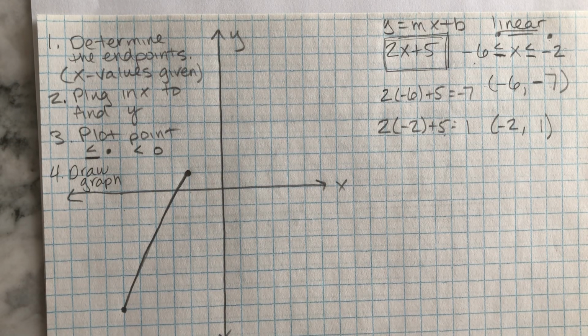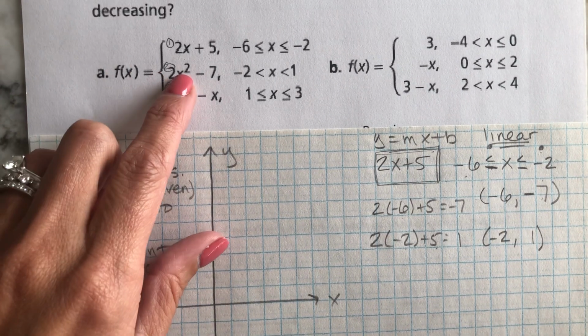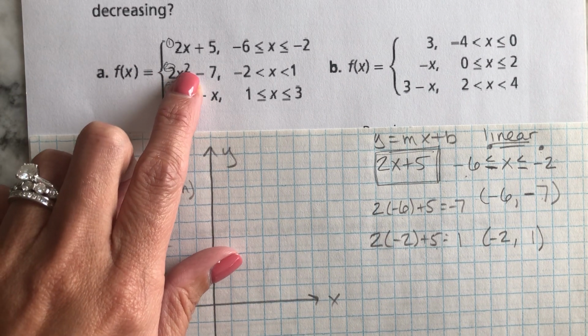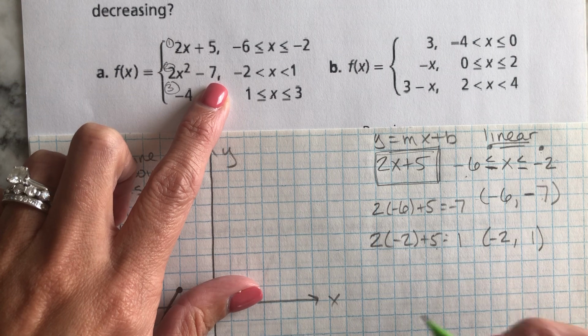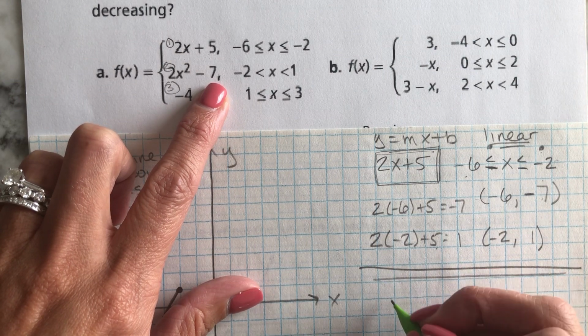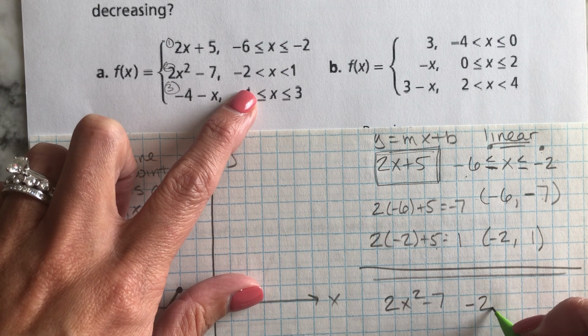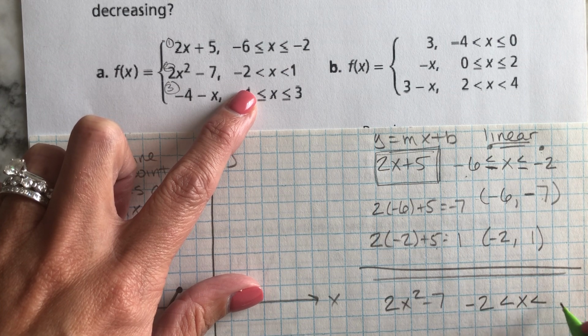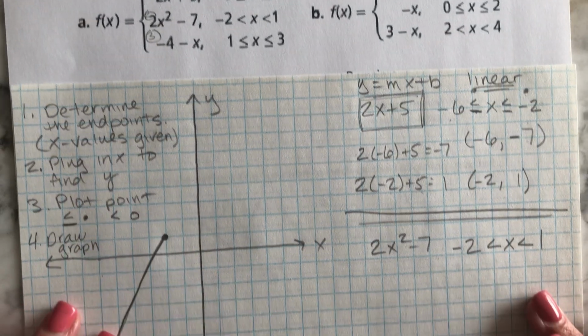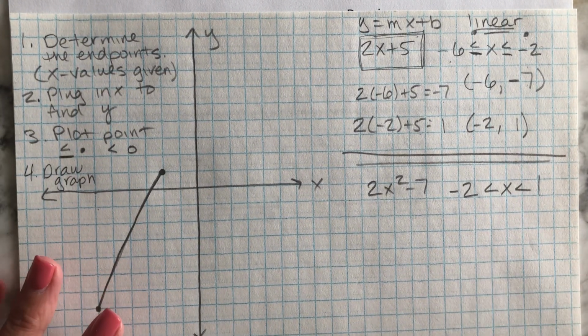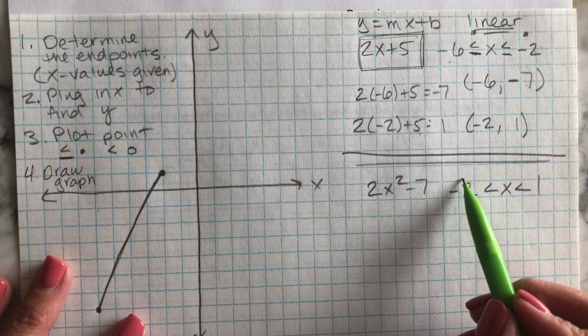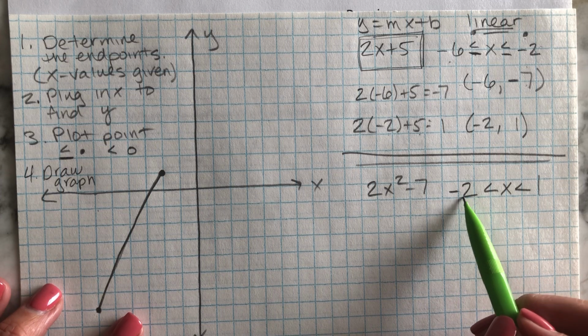Now we need to go to the next piece. Our next piece is this 2x squared minus 7, and we're going from -2 to 1. All right, so let's start the process over again. I'm going to start with my x values. This one, we'll start with -2.